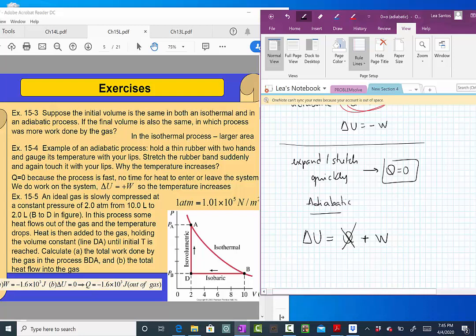So the conclusion: delta U in this case is plus the work. So we are adding energy to the system. I'm strong enough to stretch that rubber band. So this explains why the temperature rises. I'm doing the work, the delta U is going to be positive, so the delta T is going to be positive. I'm going to stop here, and I'm going to solve the problem 15.5 in the next video.